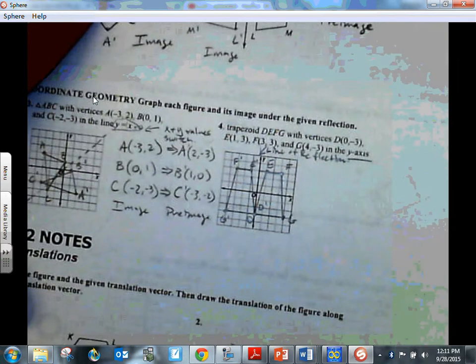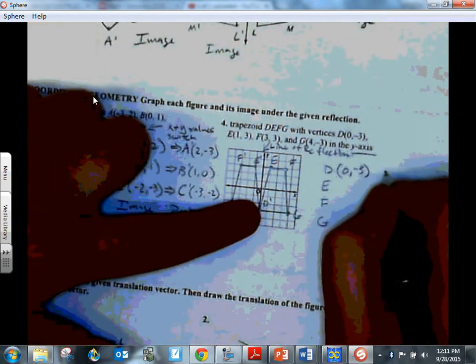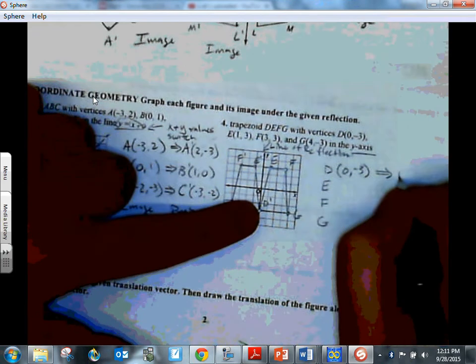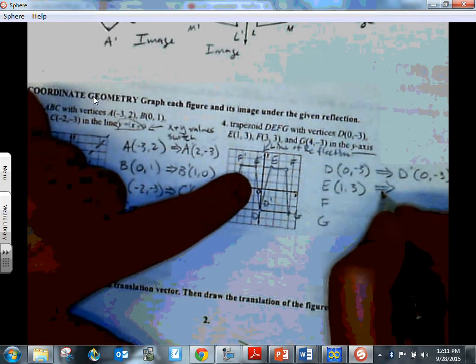All right, so that's what we've got. If I copy down points D, E, F, and G, D goes from 0, -3, and that point stayed the same, so D prime is 0, -3. E was 1, 3, and E prime was -1, 3.